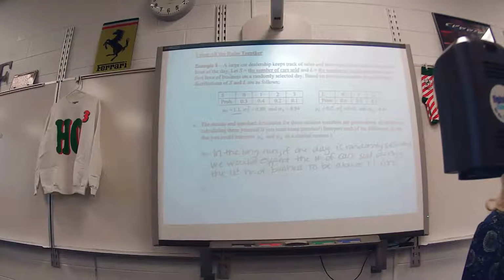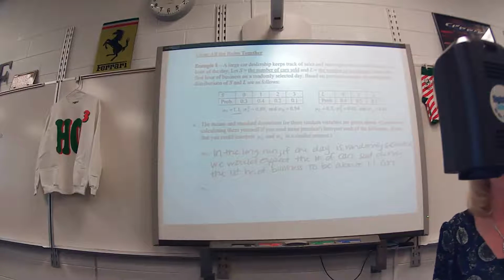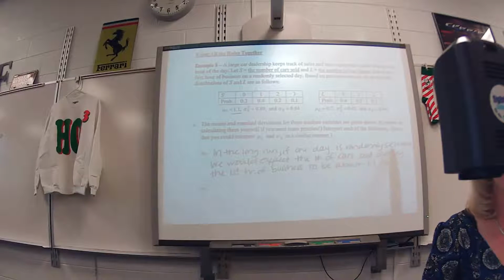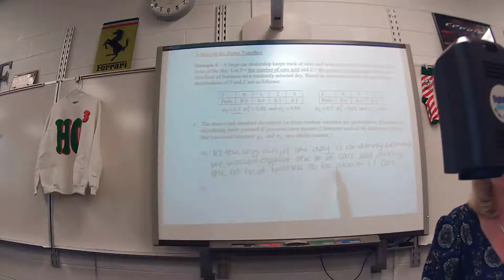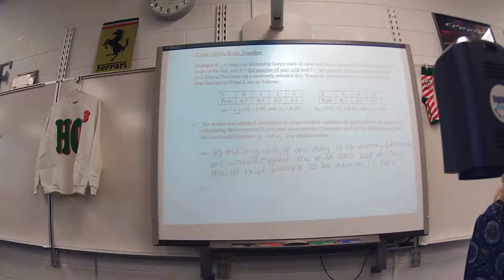And I said, be generous with those vague terms. If one day is randomly selected, we would expect the number of cars sold during the first hour of business to be about 1.1 cars on average.